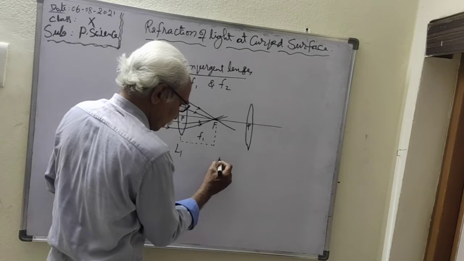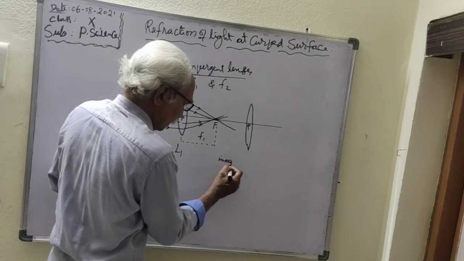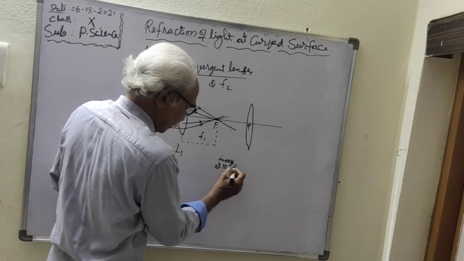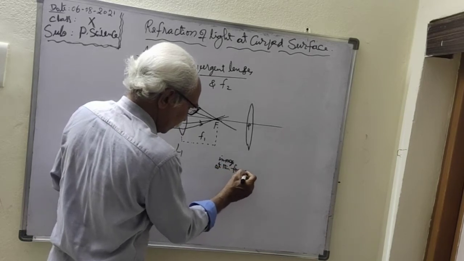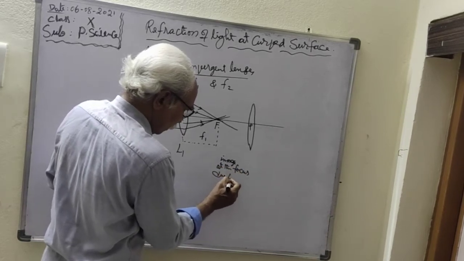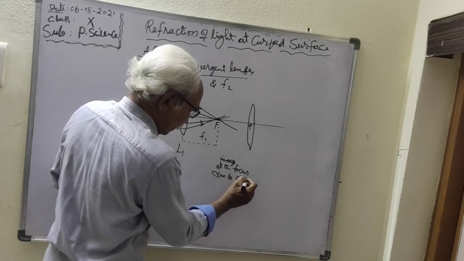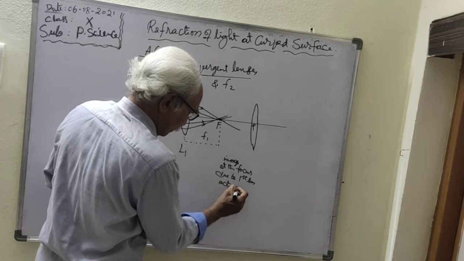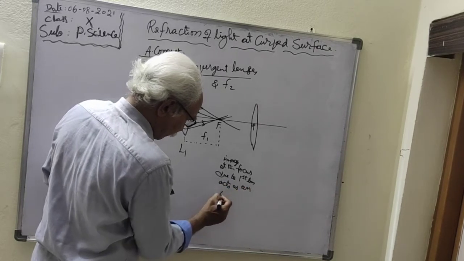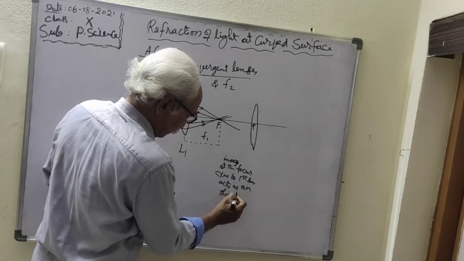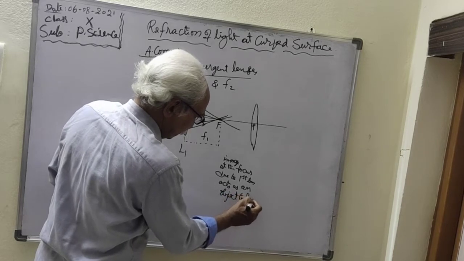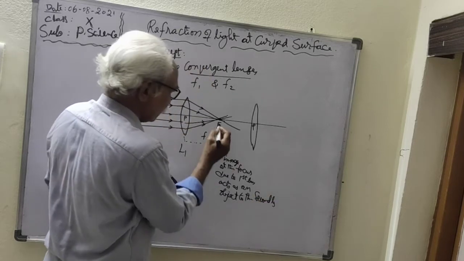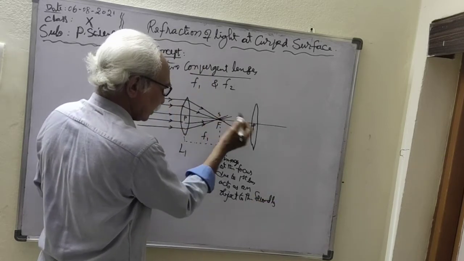The image at the focus due to the first lens acts as an object to the second lens. So this is the source of light for the second one.